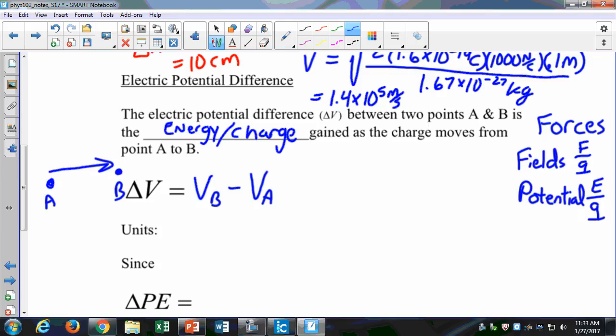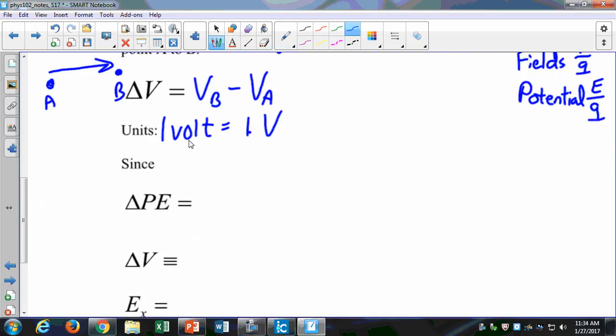The unit is a volt, and 1 volt we abbreviate with a capital V because it's named after a person, Volta, and it's equivalent to a joule per coulomb. Of course you need to know the basic SI units. We've had questions like that, and you might see them again. Just go with the equation. You know what a joule is: it's 1/2 mv squared, where m is in kilograms and v is in meters per second.